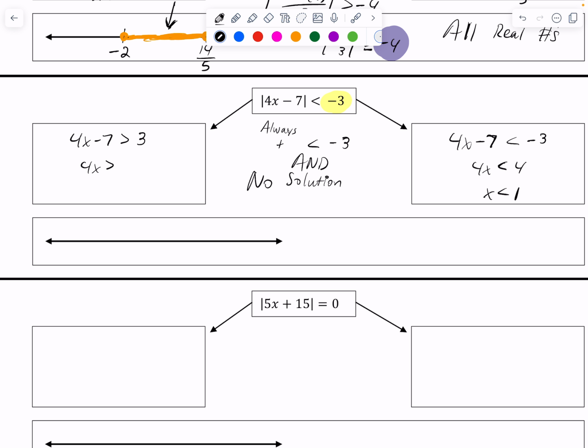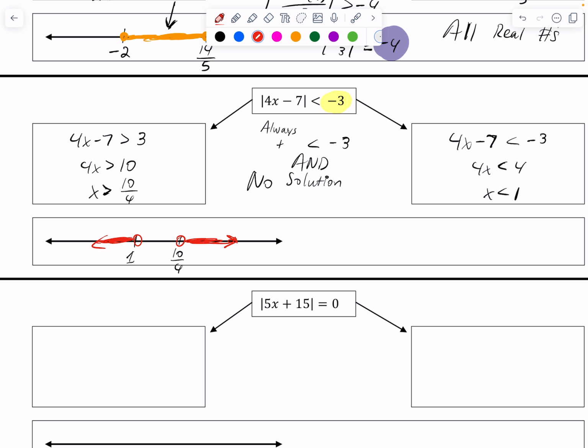Move the -7 over with addition, so you get 10, so x is greater than 10/4. Plotting this, I have 1, and then 10/4 is 2.5, so it's pretty close. Open circles. Now watch what happens. Greater than 10/4 is going to the right. Less than 1 is going to the left.